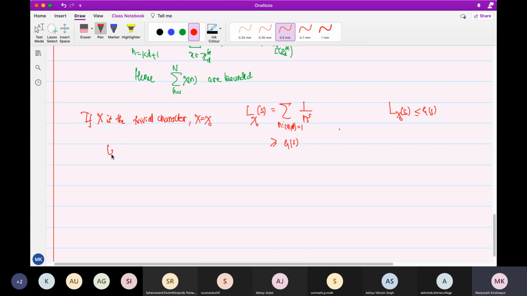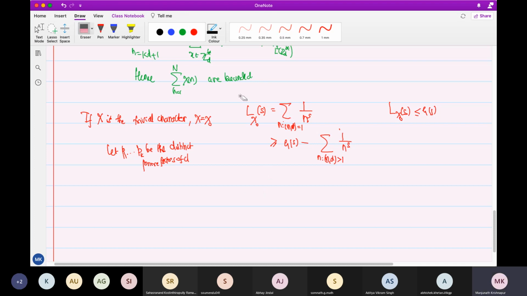Okay, so let p1 up to pk be the distinct prime factors of d. Then I can write it as a sum over n such that n is not coprime to d. What does n not coprime to d mean? n is divisible by one of these.